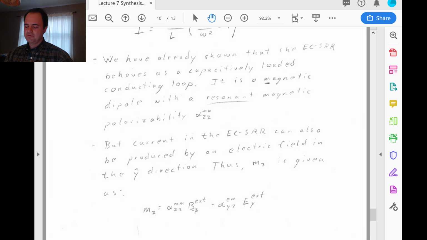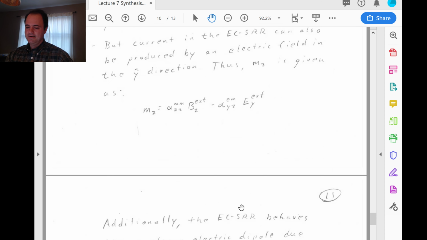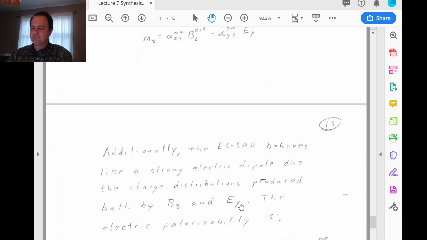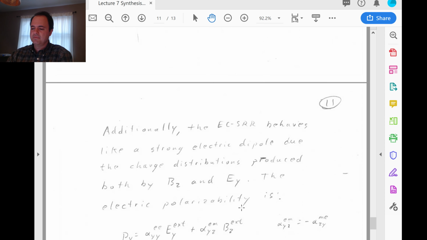A component due to the external magnetic field producing it, that's the first term, and by an external electric field in the y direction producing it, and that's what this term here is. Additionally, the EC SRR behaves like a strong electric dipole due to the charge distributions produced by both E sub Z and B sub Z and E sub Y.